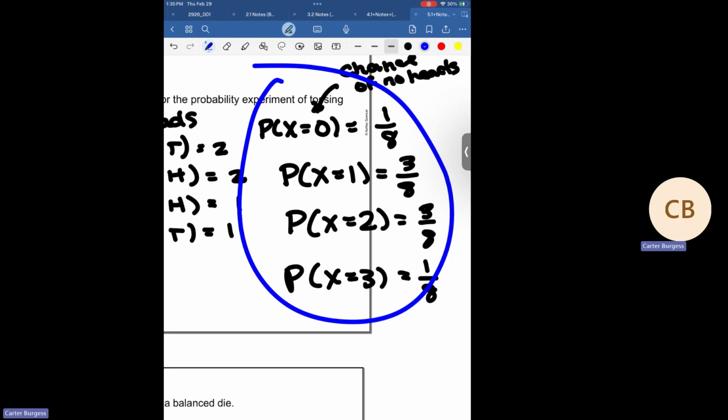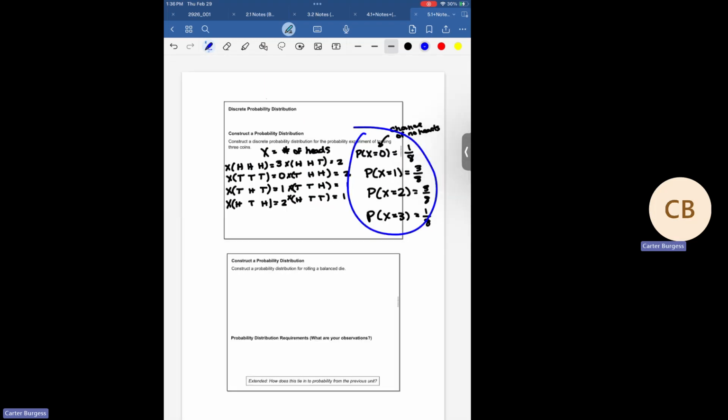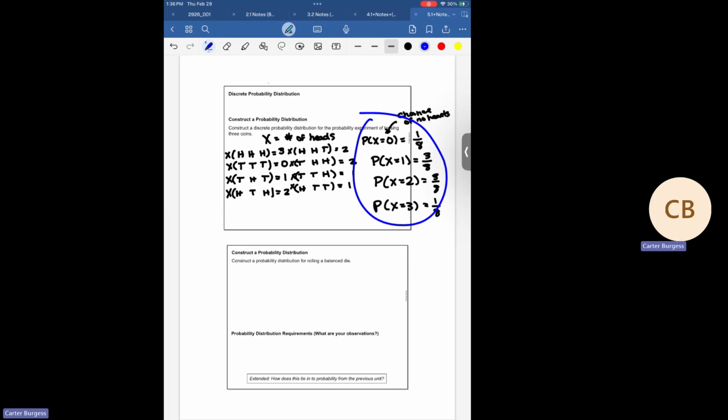How many outcomes would we have to work through? Infinity. We can't work through an infinite number of outcomes. So it being discrete is important for us to know, so that we don't try to do this for a continuous variable. We'll have a different set of tools for our continuous probability distribution functions.